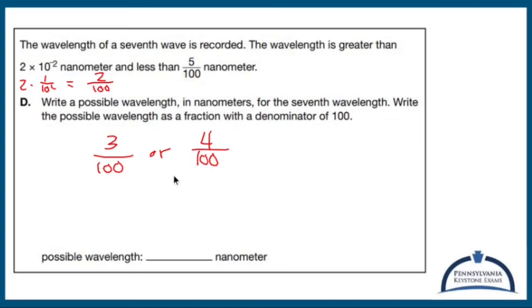Now, what I'm not going to use, and maybe they'd accept this, I honestly don't know, is that one, because that simplifies to 1 over 25. I'm going to go with this one as a possible wavelength because that is in between 2 100ths and 5 100ths, has a denominator of 100, does not simplify, and follows all of these requirements. Okay? So gross, but fun.